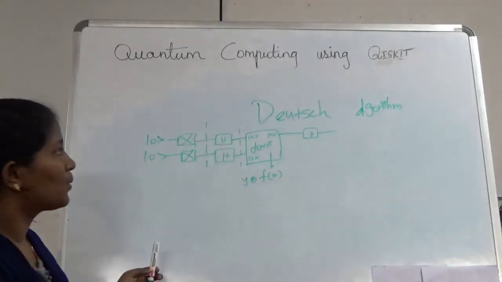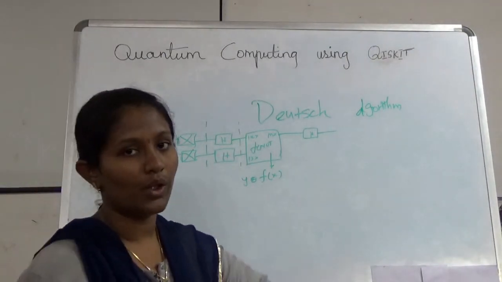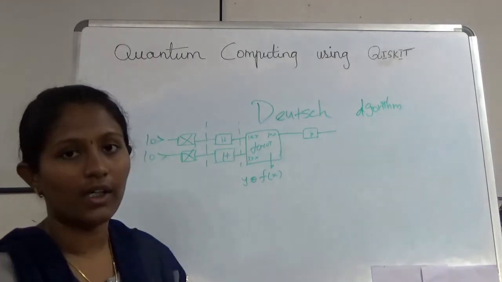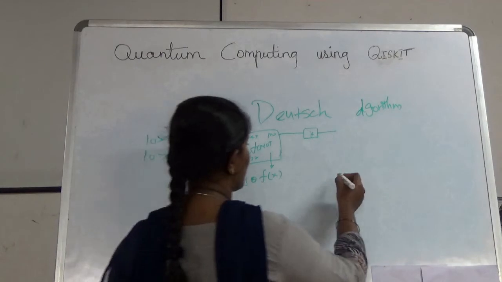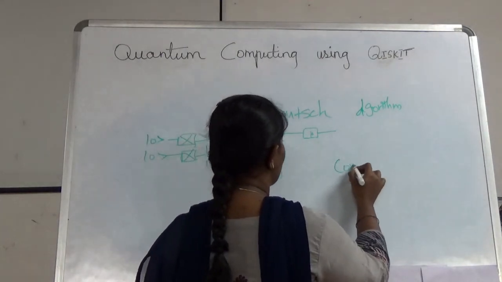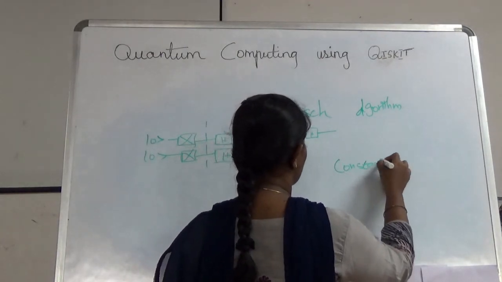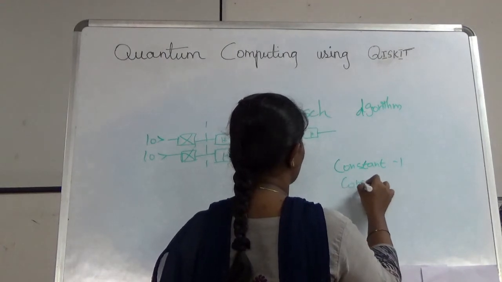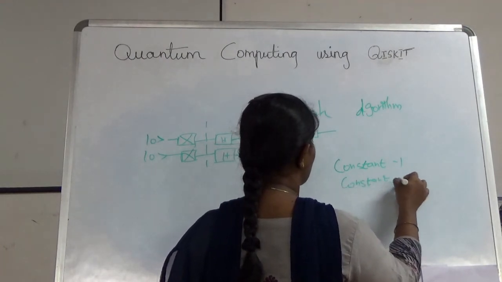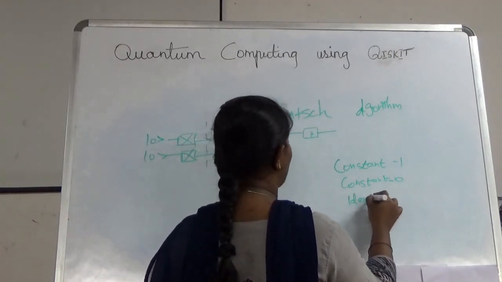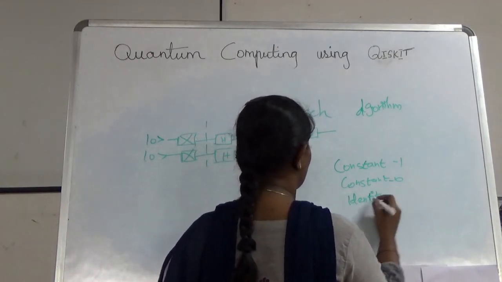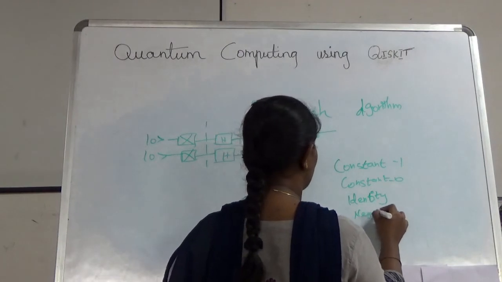Now we are going to discuss the Deutsch algorithm. Before going into that, we can discuss some functions. There are 4 types of functions here: constant 1, constant 0, identity and negation.